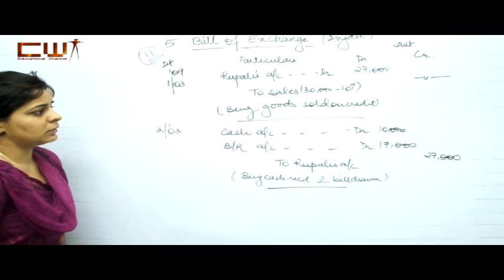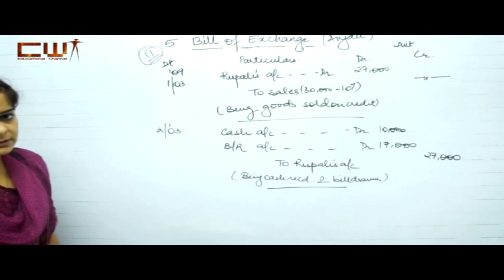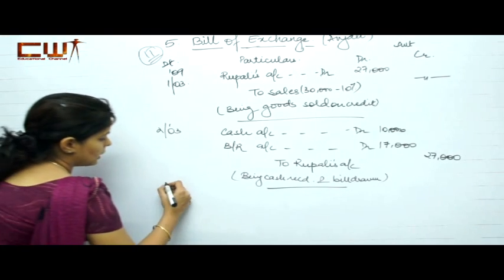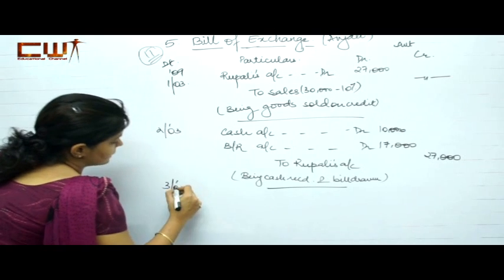Right. Next, Anjali discounted the bill at 12% per annum with her bank. Before the due date, Rupali finds herself unable to make the payment on the bill and requests Anjali to renew it. So first we will get the bill discounted and receive the payment. 3rd of March, Anjali is getting the bill discounted.